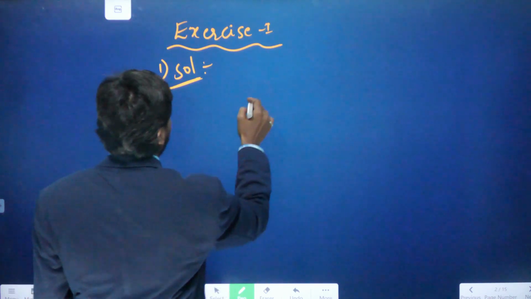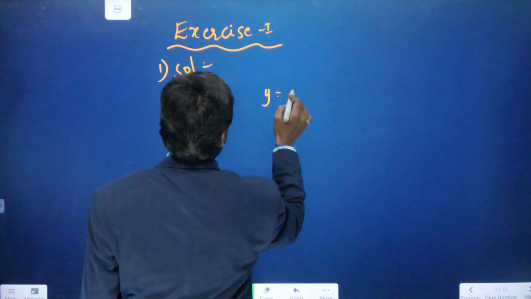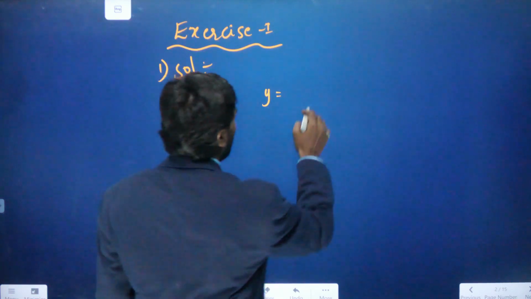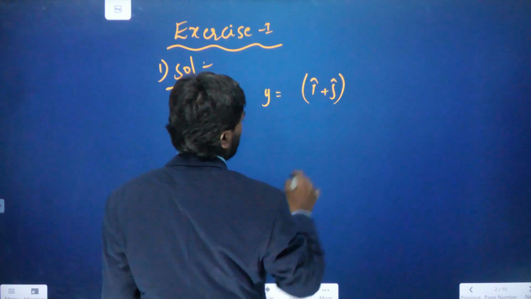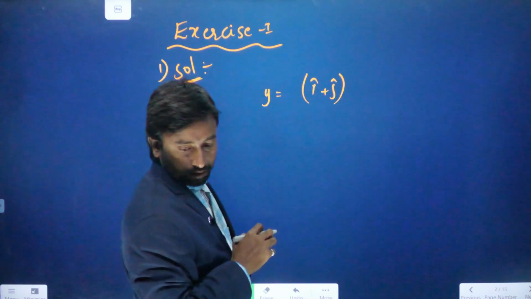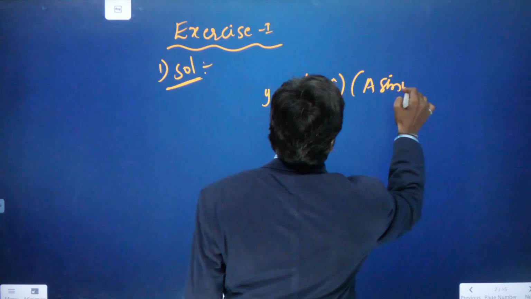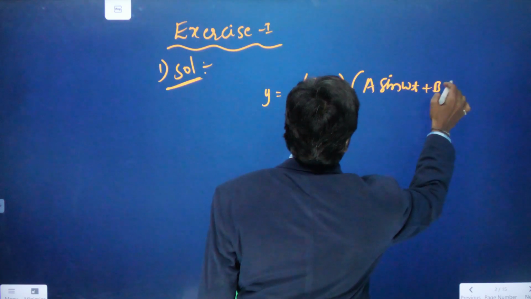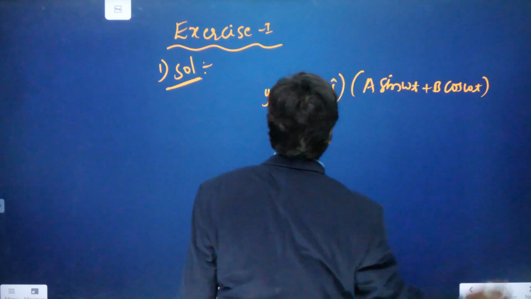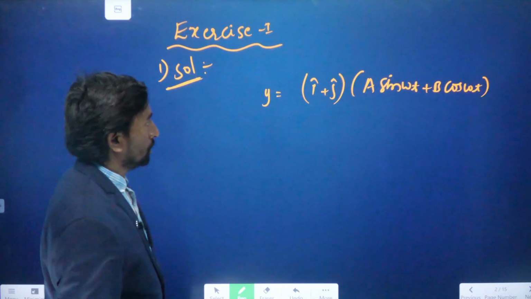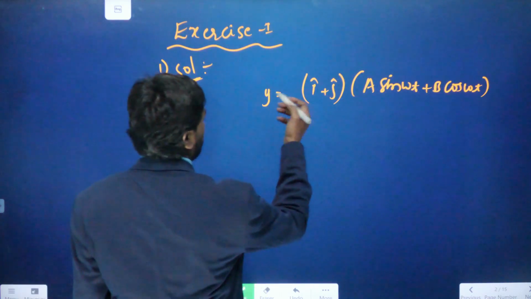the equation is given here, that is in the xy plane. So here we can write y is equal to, the displacement equation is given there, i cap plus j cap, a sin omega t plus b cos omega t. So that equation represents the displacement equation.